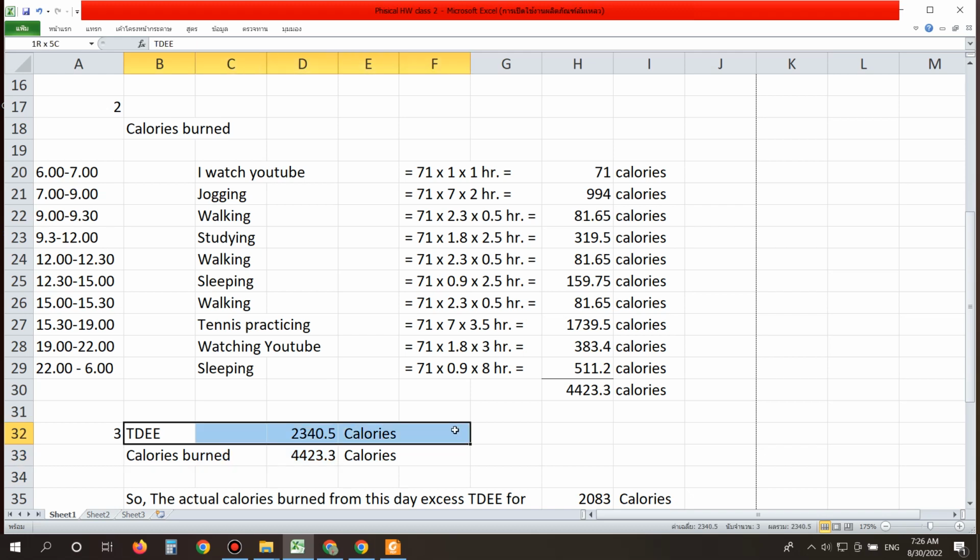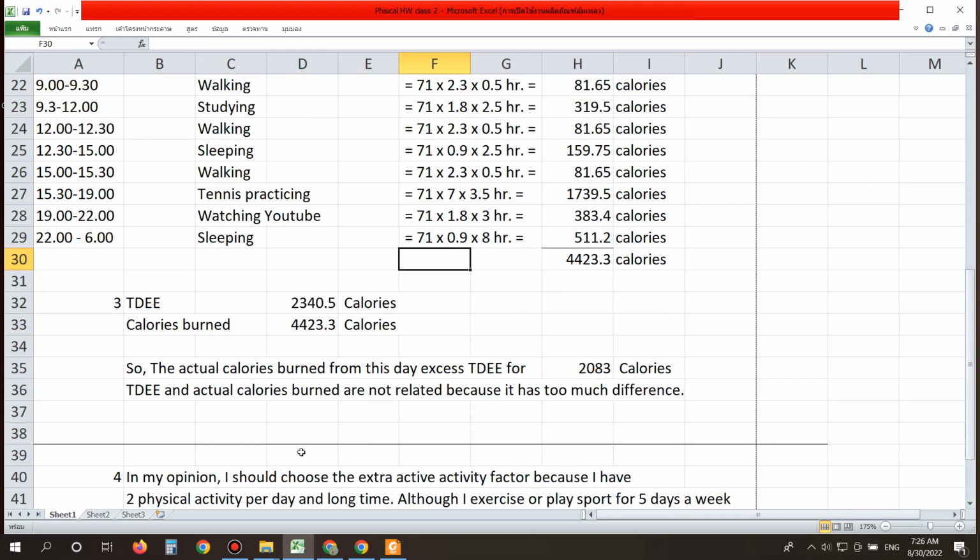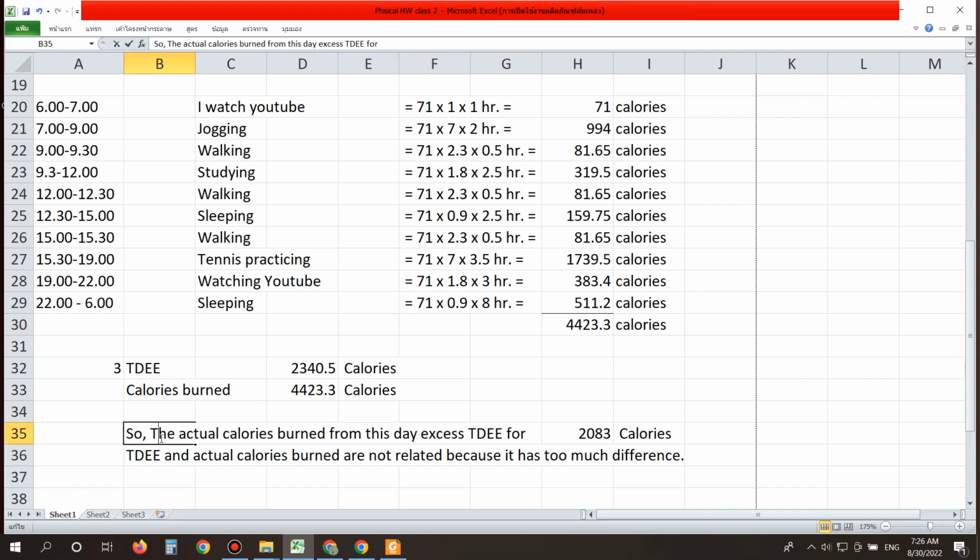It's so far. So I explain to the teacher that my actual calorie burn from this day is in excess of TDEE. This is the difference. I use calorie burn minus TDEE. The difference is 2,083 calories. So TDEE and my actual calorie burn are not related because there is too much difference.